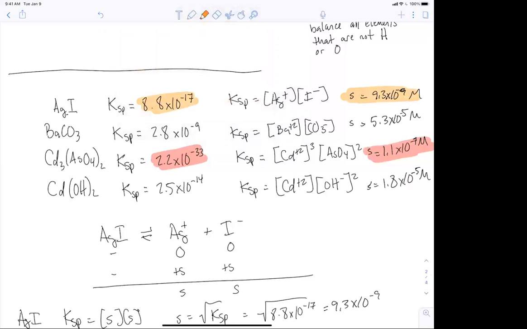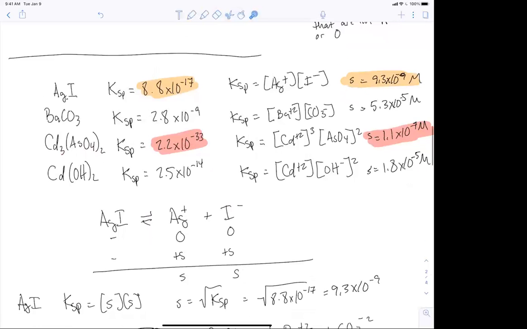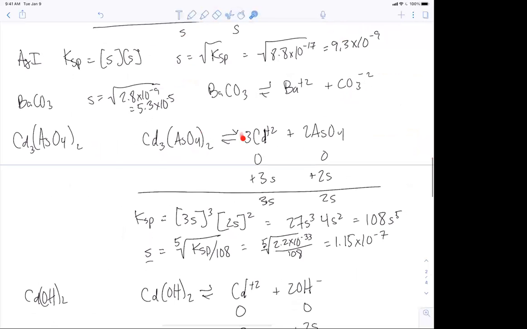So the main thing is that the KSP is usually an indication of solubility, but the value for KSP can get sort of bloated if you have subscripts that result in coefficients on the products, because you end up with these cubes and these squares.